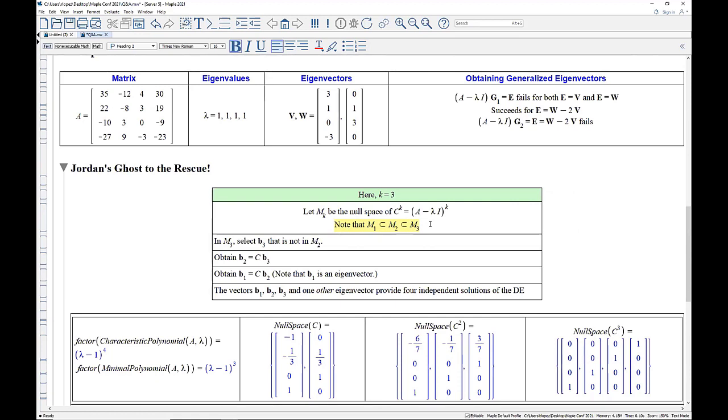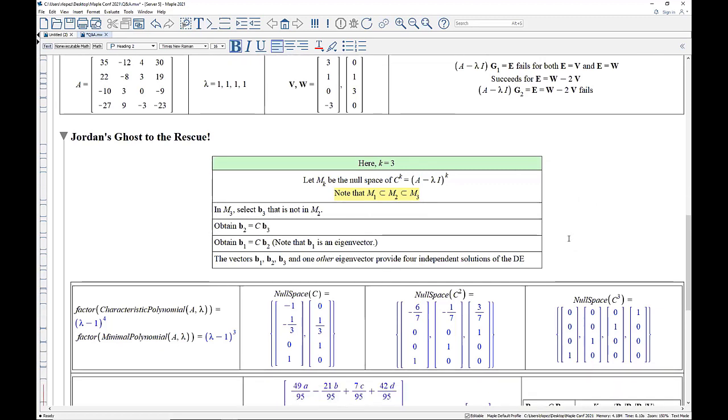You need to go to the top of the chain and select a vector in that top null space that's not in the null spaces below. Given that vector, you just multiply by C to come down the chain. So coming down the chain is consistent with knowing something about Jordan form theory.